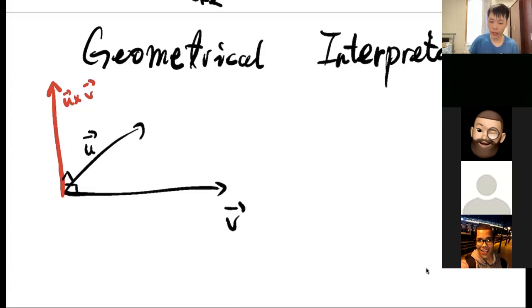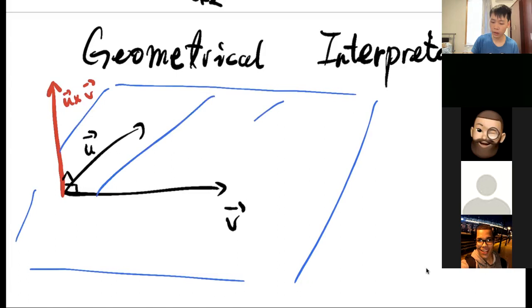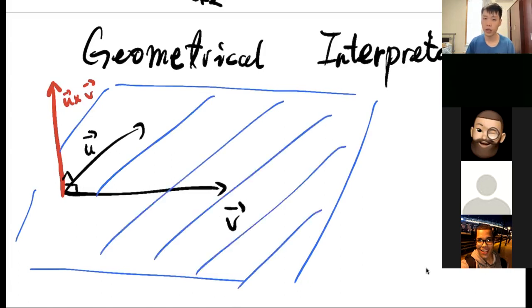What I mean is that when you look at vector u and vector v, they sit in a plane here. And what I mean by spanning the plane is that every point on this plane can be represented by a unique linear combination of u and v.